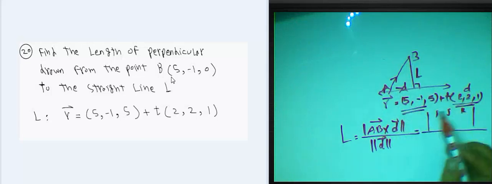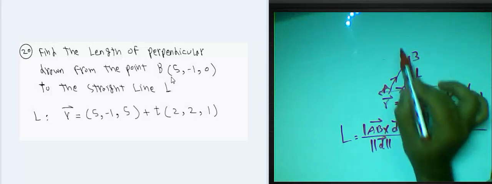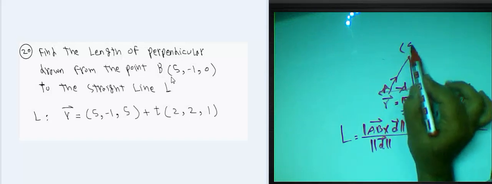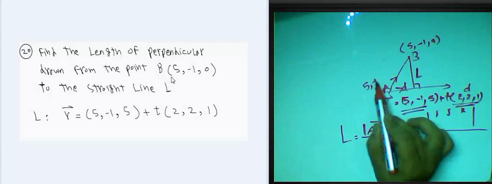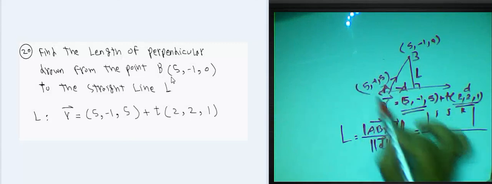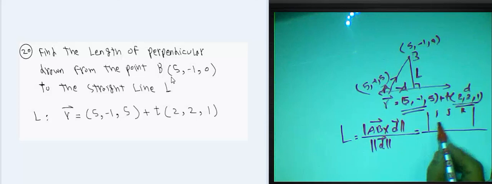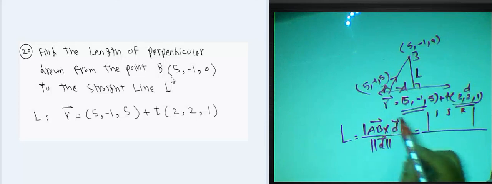AB means B subtract A. We have the point B equal 5 and negative 1 and 0, and point A equal 5 and negative 1 and 5.